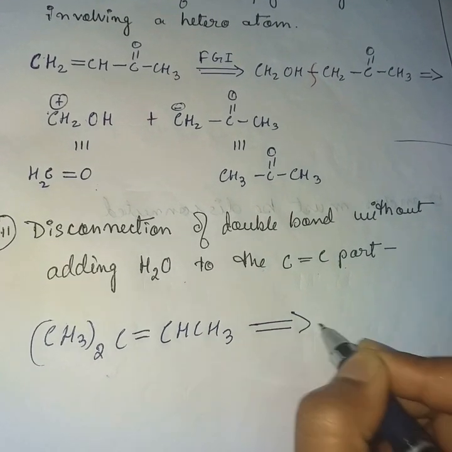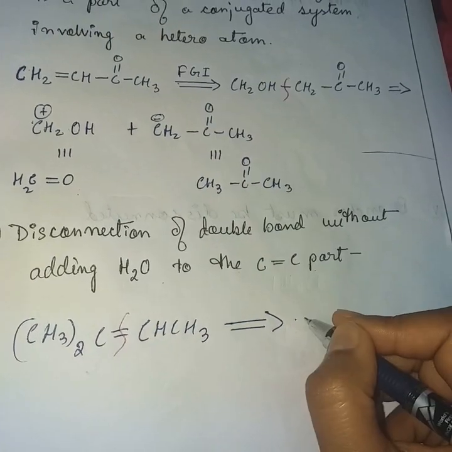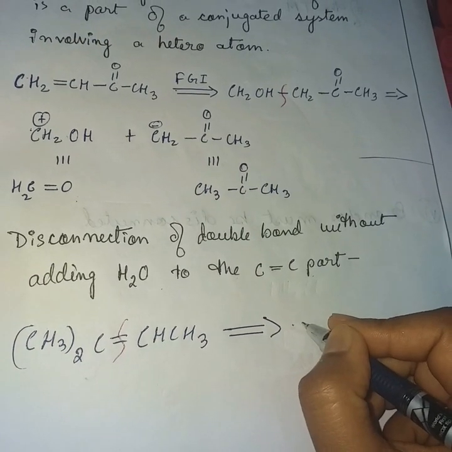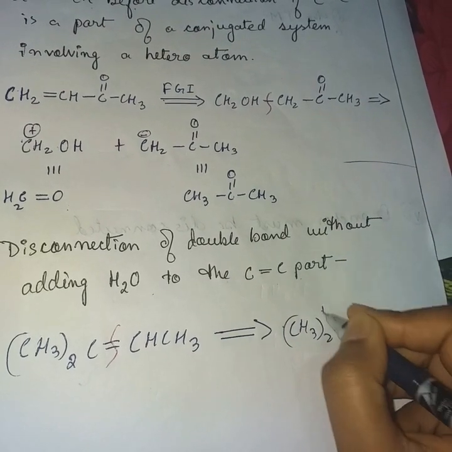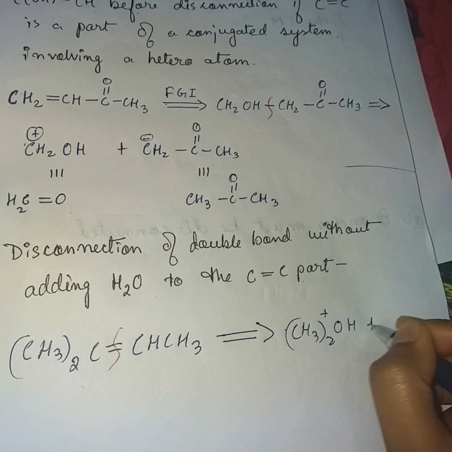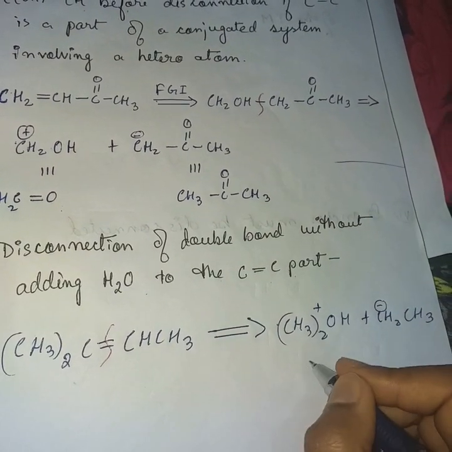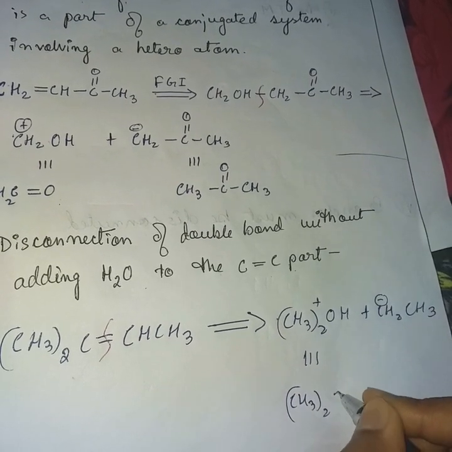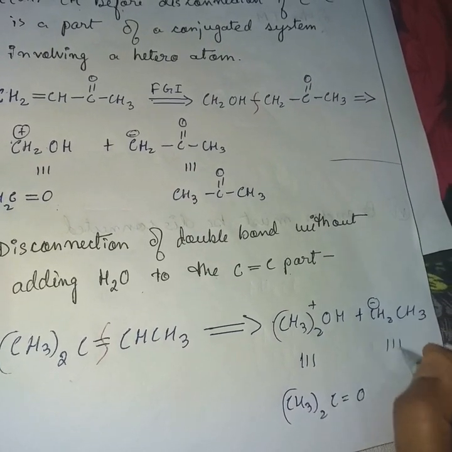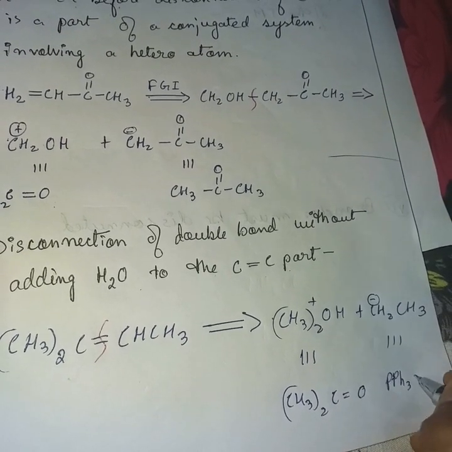So here we will disconnect here so that we get two types of synthons. As you have known, the synthetic equivalent here will be this one, and the synthetic equivalent here will be PPh3.